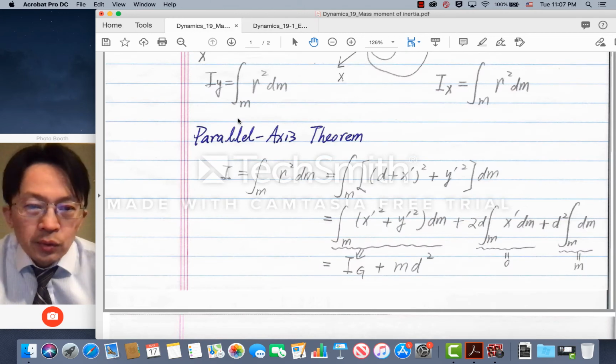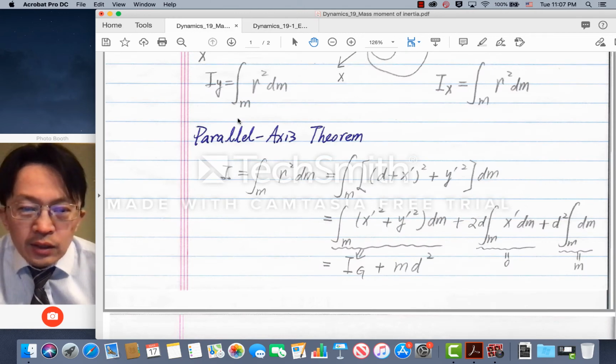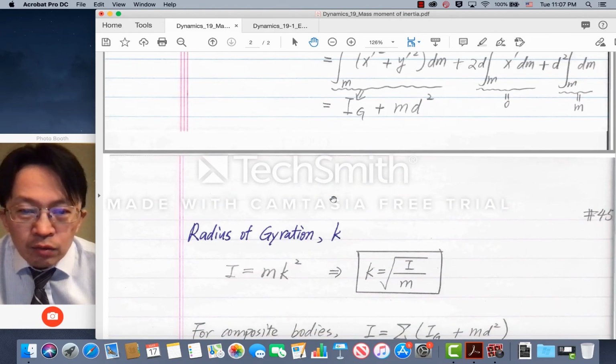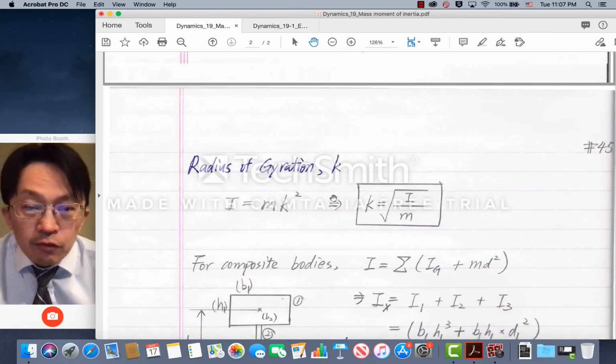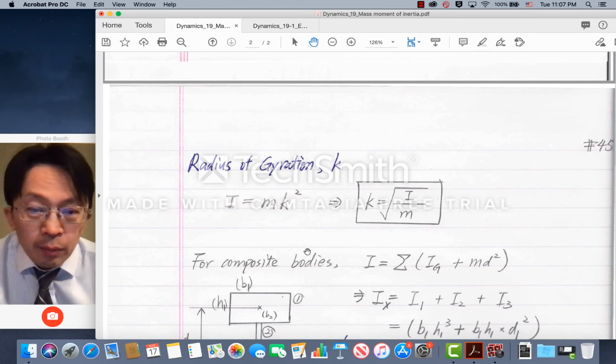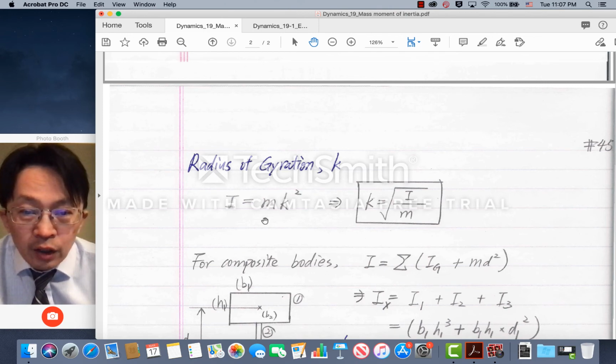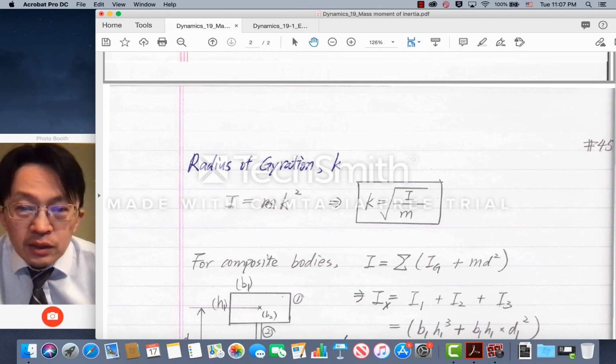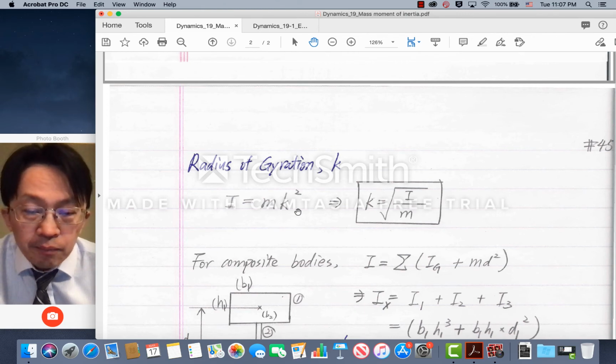Besides the 2 approaches I demonstrated in this class in finding the values of mass moment of inertia with respect to a chosen axis, the 3rd approach is what we call radius of gyration. If you are provided with a value of radius of gyration, the mass moment of inertia can be determined by simply the product of total mass times the radius of gyration squared.